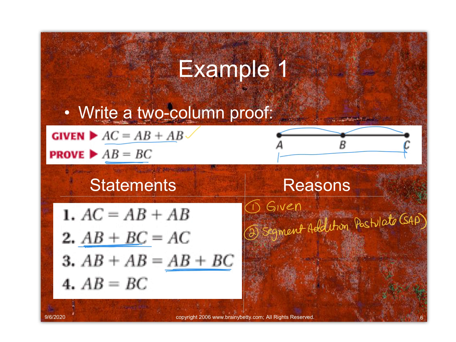What's different is that originally AB plus BC equaled AC, and now it equals AB plus AB. So they basically substituted AB plus AB for AC. They swapped them out.